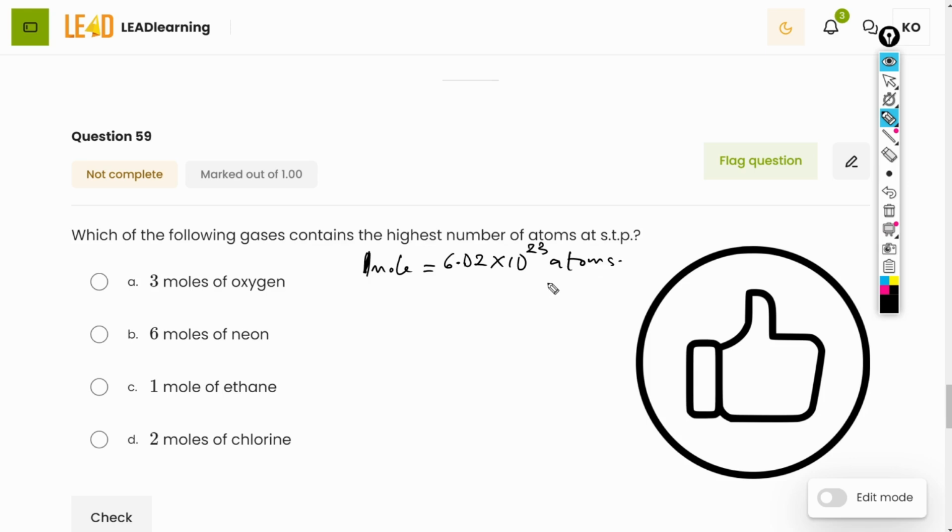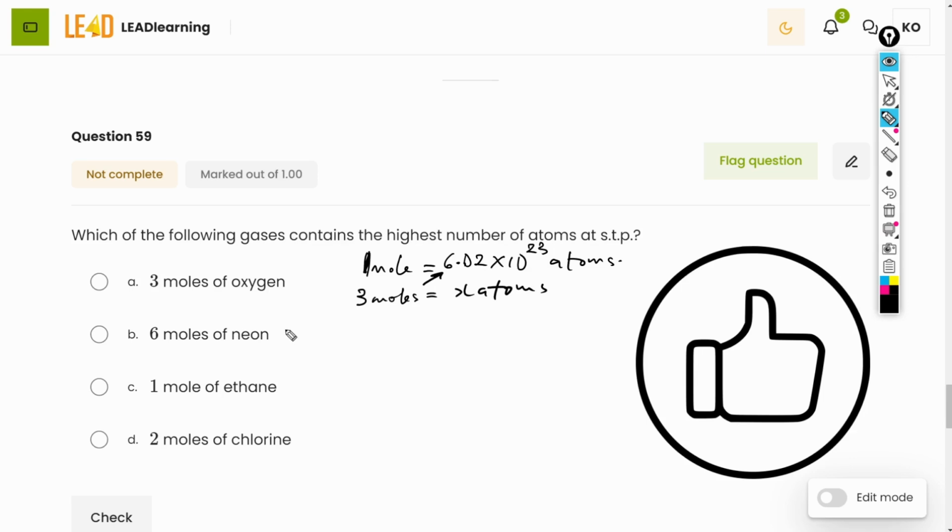So we're going to work it out for each of them. If 1 mole will contain this, then let's start with oxygen. 3 moles of oxygen will then contain how many? If we follow this principle, 3 moles will contain how many atoms? So that will be 3 moles times 6.02 times 10 raised to the power 23 atoms.